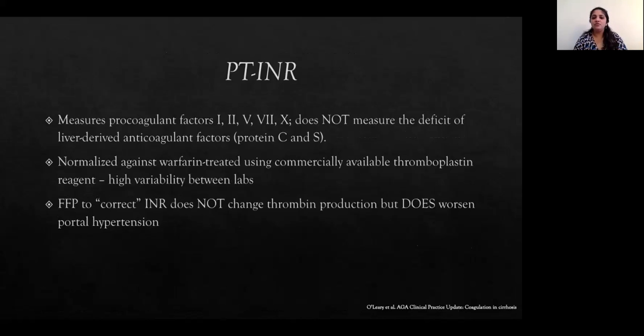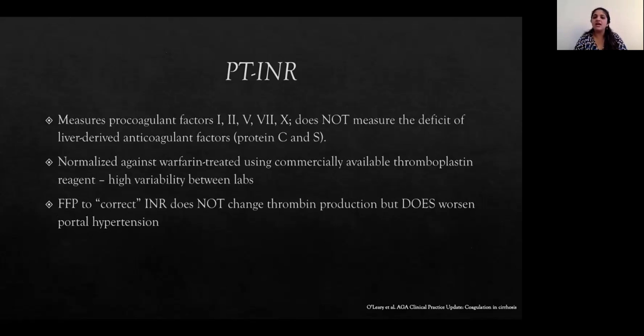Now I'm going to change gears and talk about some of the common tests that we do, especially the INR, platelet, fibrinogen, etc., and try to stress how each of them helps us or does not help us. PT-INR, prothrombin time and its international normalized ratio, is something we very commonly measure and monitor.